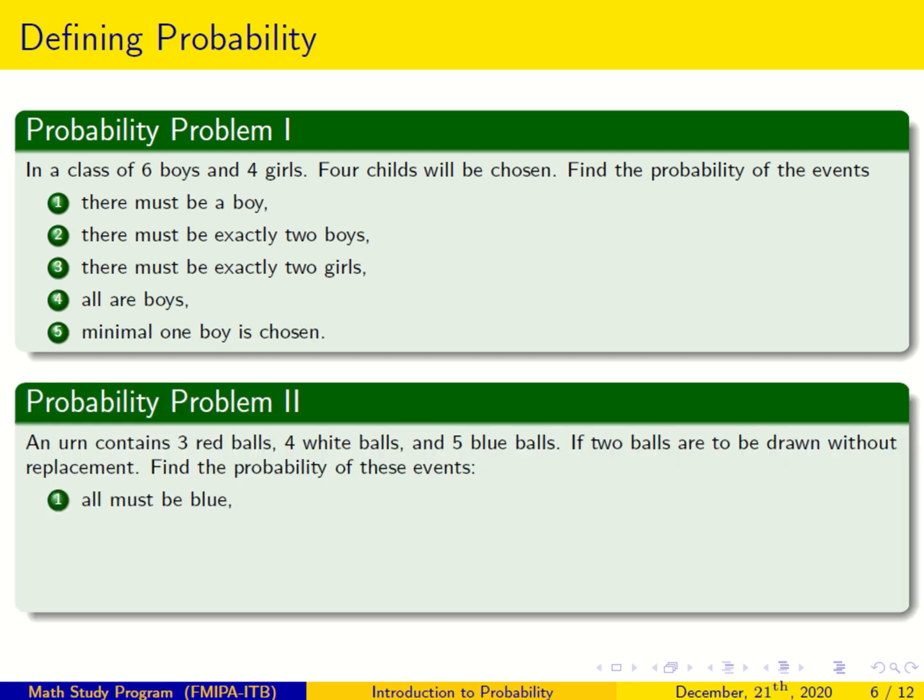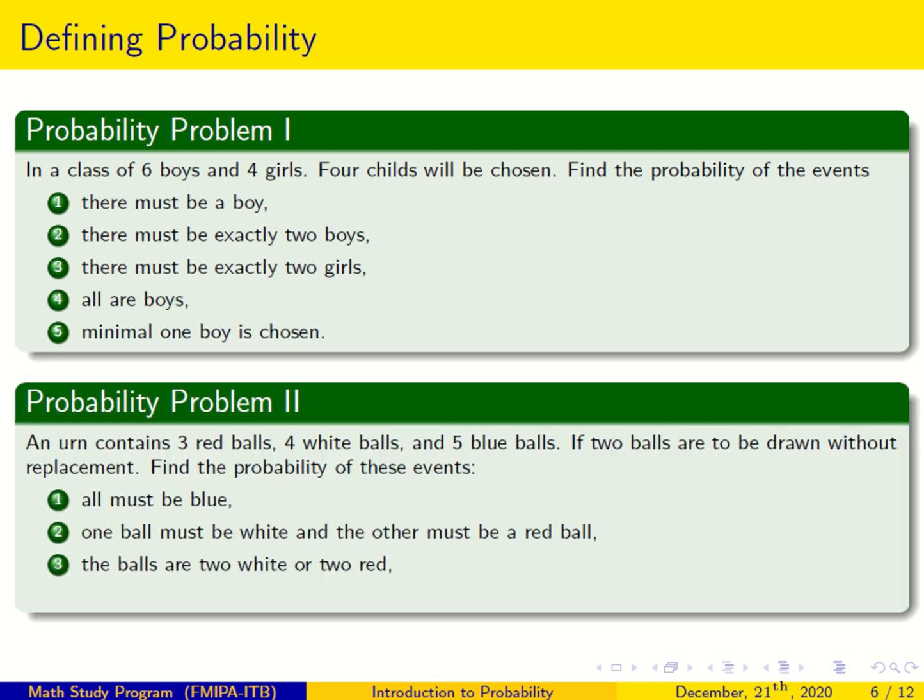This is probability problem 1, which corresponds to review problem number 1 for counting rules, and probability problem 2 corresponds to review number 2 on counting rules.